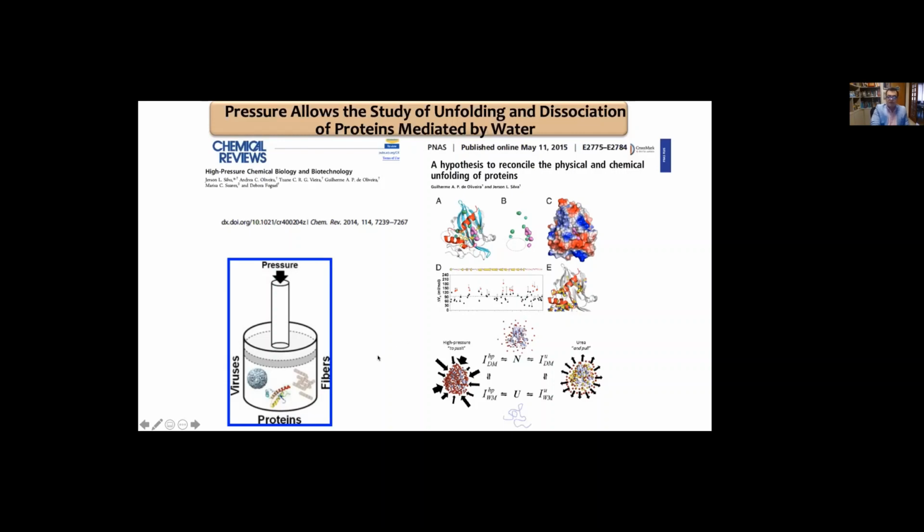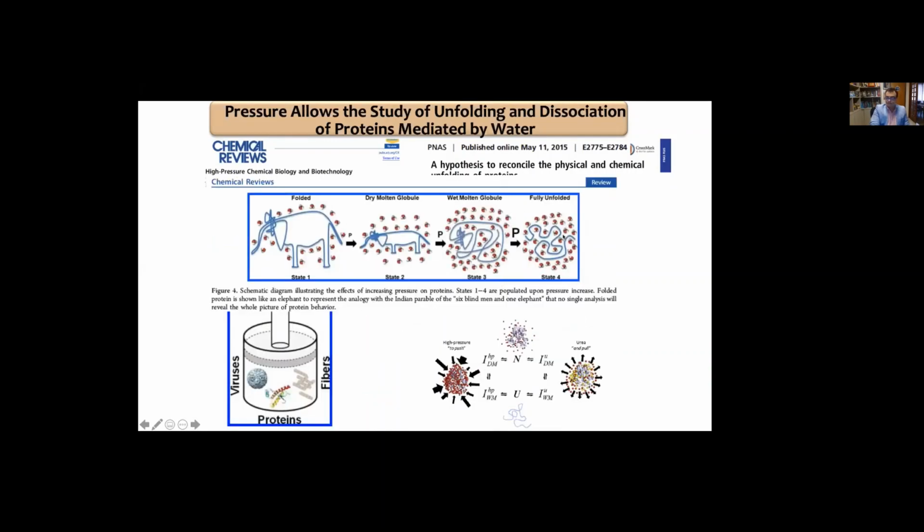It is a unique technique because, in a different way than chemical denaturation, you can use high pressure NMR to look at what's going on and go through all these intermediates, especially the partially disordered states that are populated when the protein goes from folded to fully unfolded and vice versa on the way back.